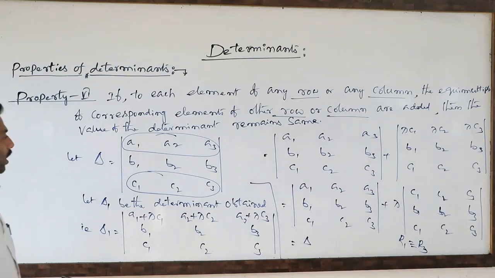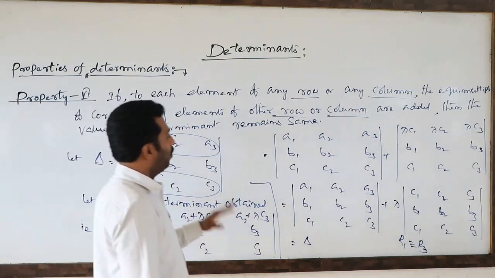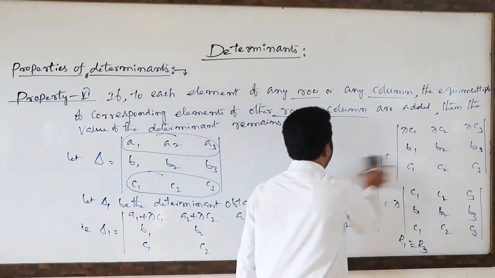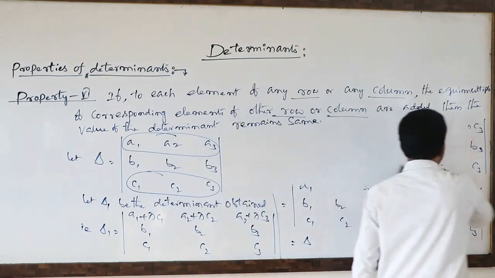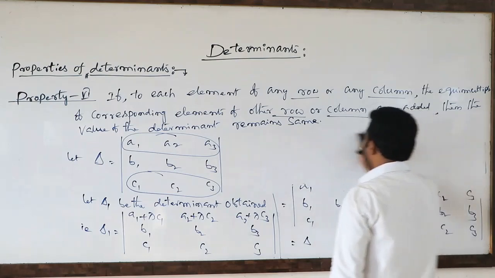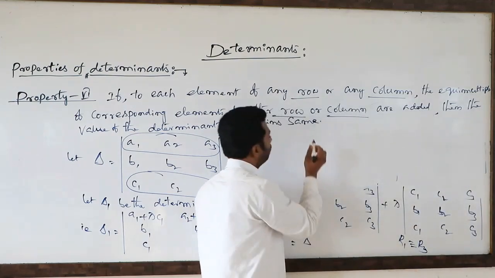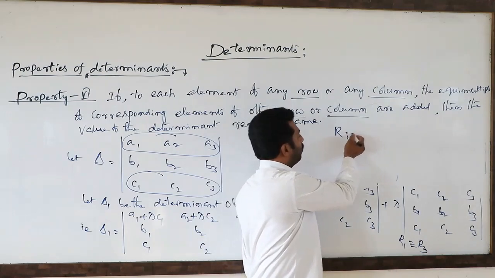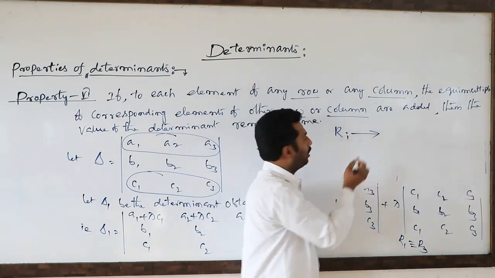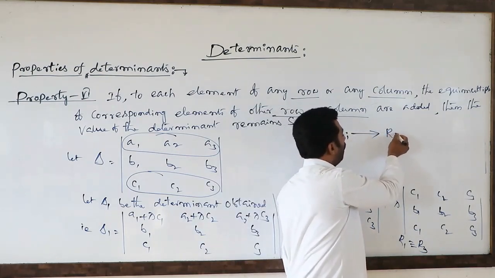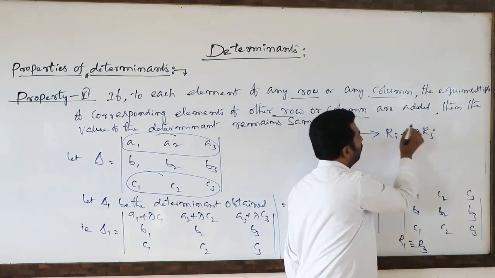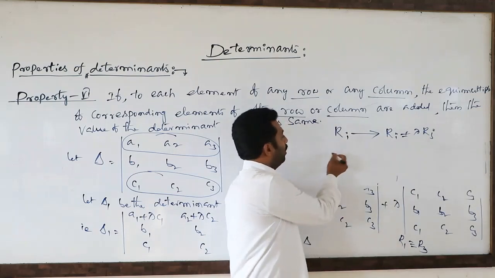You can apply any row operation or any column operation, and there is no change in the value of the determinant, but you have to remember this formula. If you want to change Ri, it can be written as Ri plus or minus lambda times Rj.